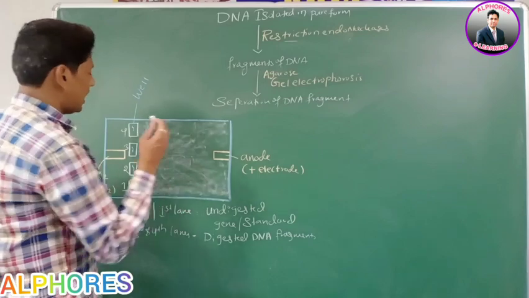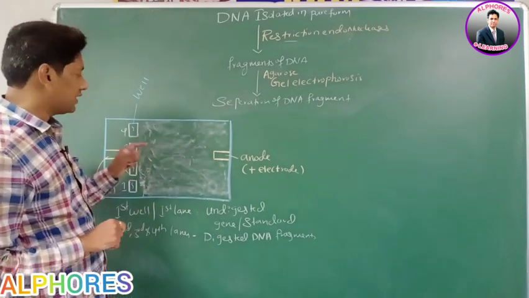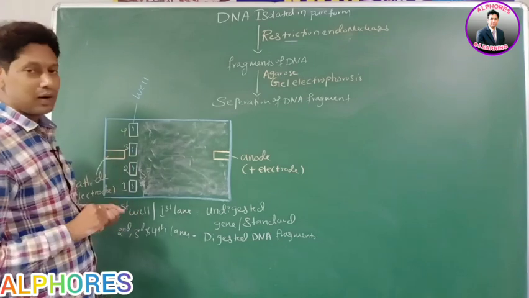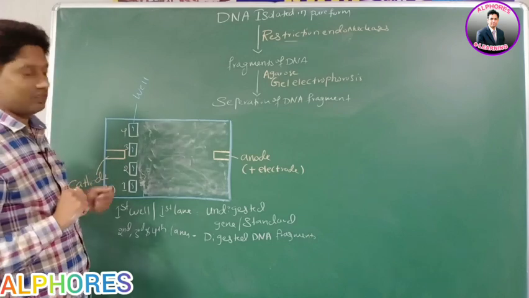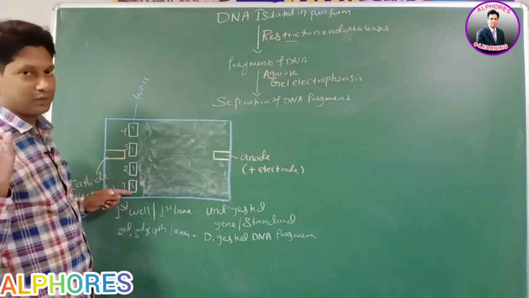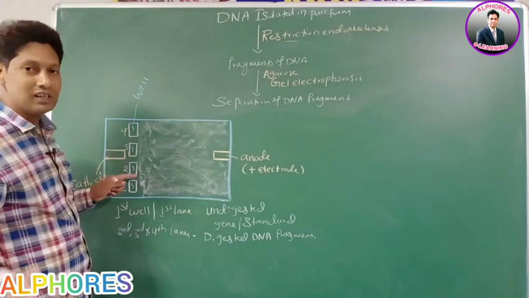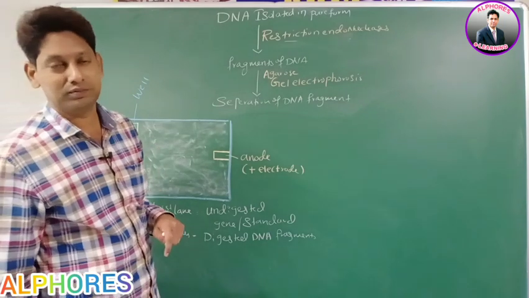Now you supply electricity. When electricity is supplied, in these wells, what are present? DNA fragments are present. DNA is negatively charged.